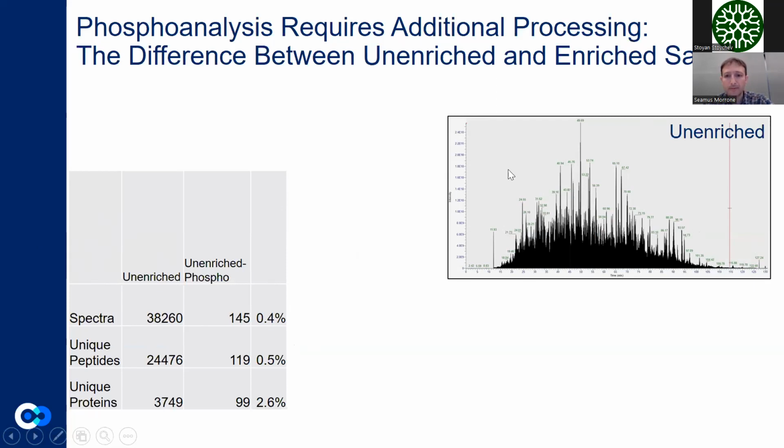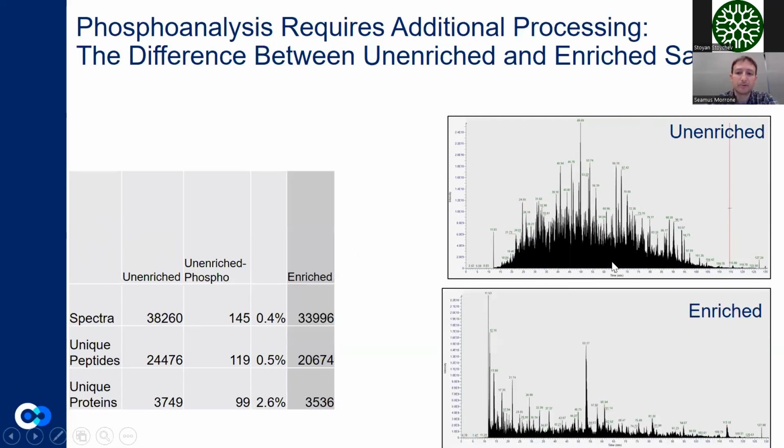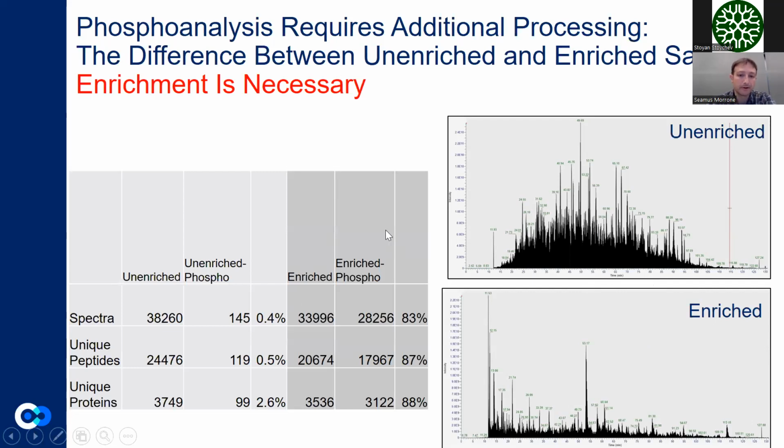Starting with roughly the same amount of material injected on the instrument with an enriched sample, after phospho-enrichment, we're getting similar amounts of spectra but fewer peptides and proteins, and this is reflected in the less complex chromatogram. But conversely, we're getting a huge boost in the number of spectra of phosphopeptides and proteins which contain phosphopeptides. This emphasizes that enrichment is a necessary step.